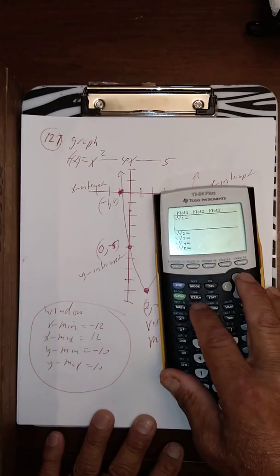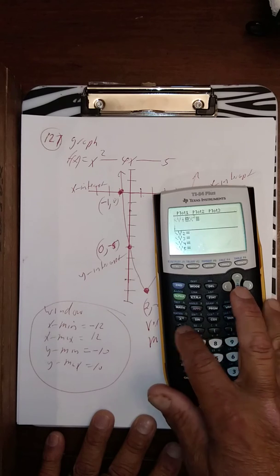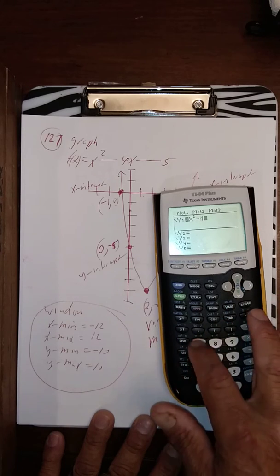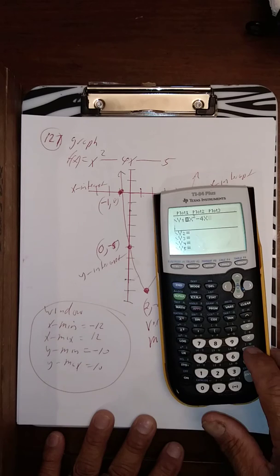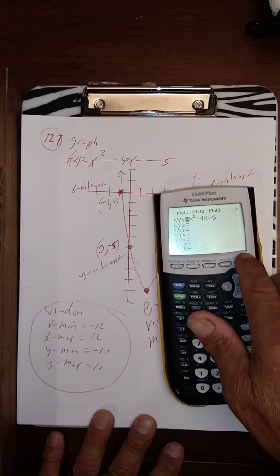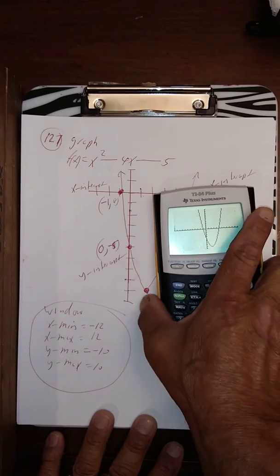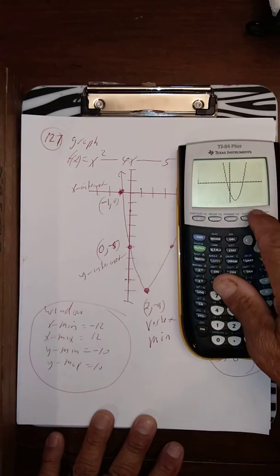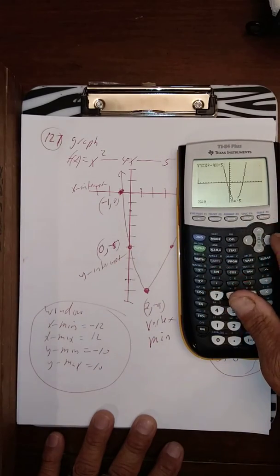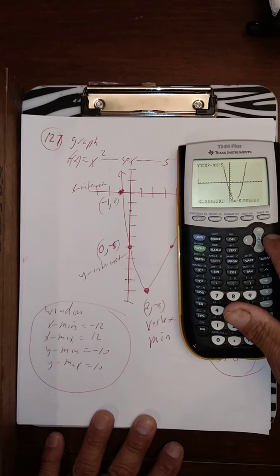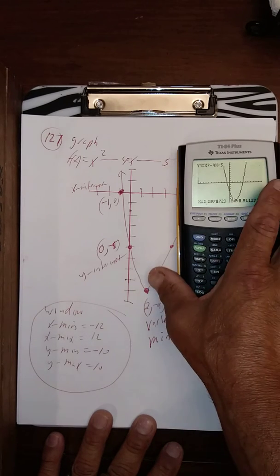X squared minus 4x minus 5. Enter. Hit graph. So now, that's what we have for our graph. So now you can do trace. There's a point there. There's another point there. And there's the end of it.